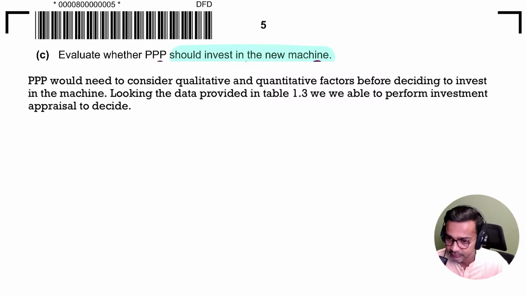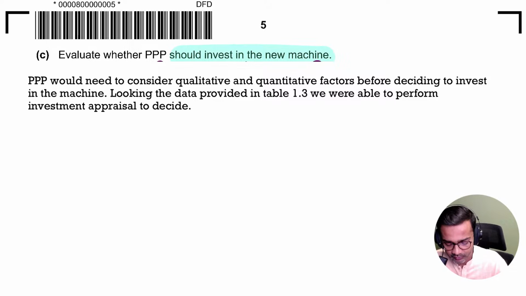That's good enough. Okay, don't worry about the English so much. So we were able to perform investment appraisal to decide. Payback period. Now you still have to score marks for knowledge, so don't go for definitions, but just throw a bit of explanation in your answer here and there.